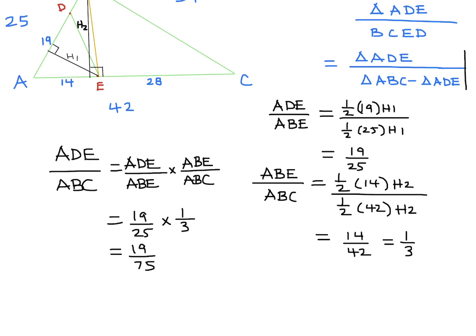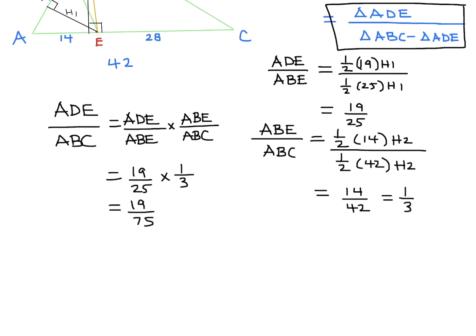And now we can solve for our ratio. So the ratio that I want is ADE over ABC minus ADE, like that. Now what I'm going to do is I'm going to flip this.